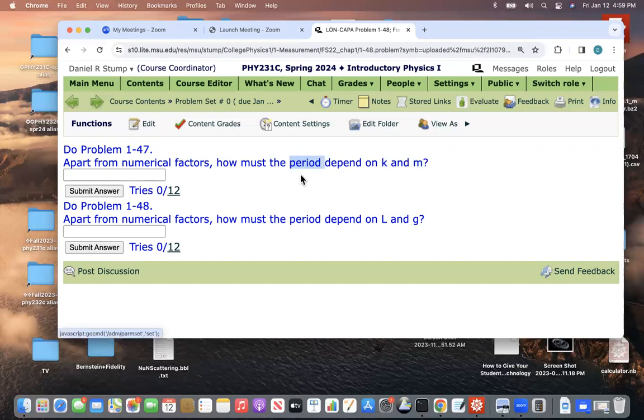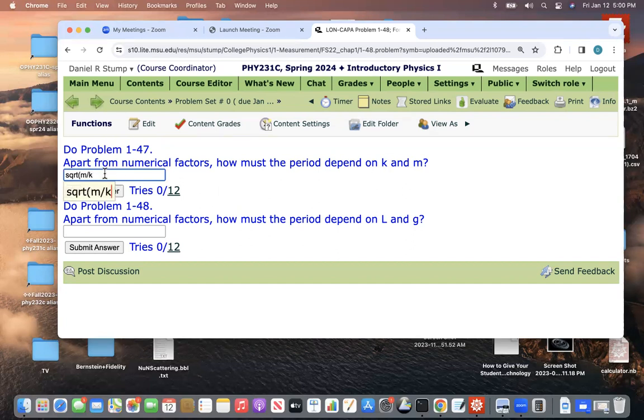So the formula, which will have the right units, is the square root of M over K. That's what you want to put in here. So you could try something like the square root of M over K. This shows what I put in.